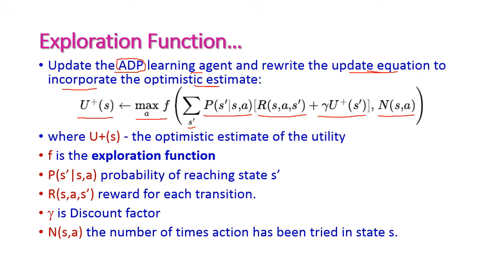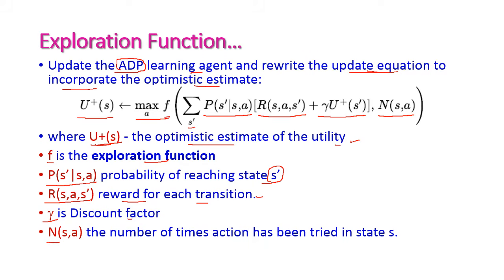Okay, here u plus of s is nothing but the optimistic estimate of utility, and f is the exploration function. p of s dash given s comma a means the probability of reaching the state s dash, that is the next state, and r of s comma a comma s dash means the reward for each transition, and gamma is the discount factor.